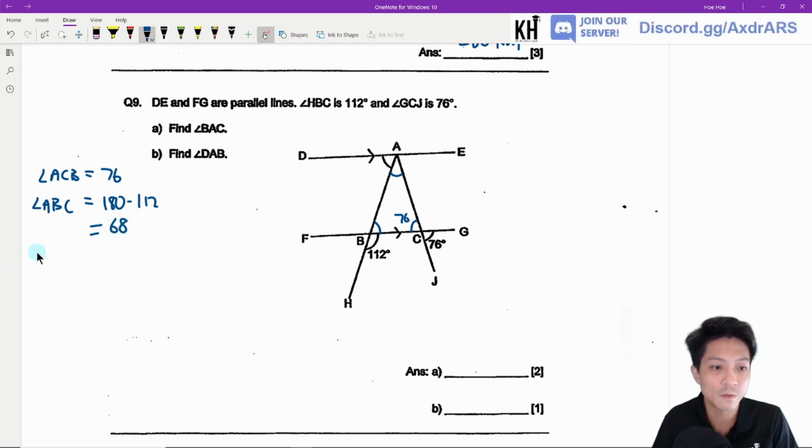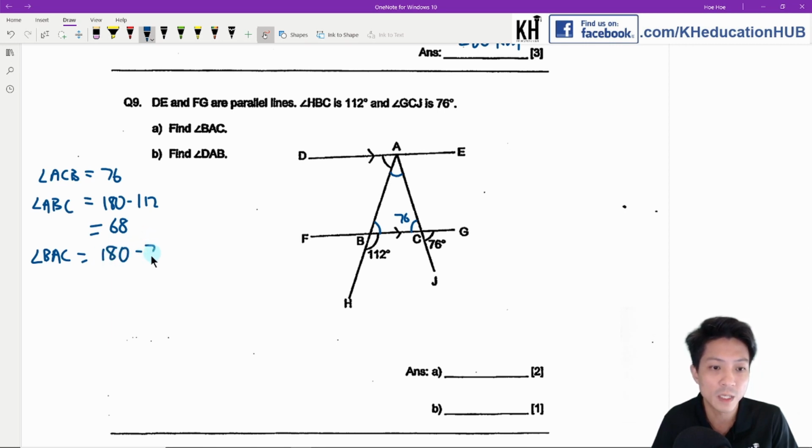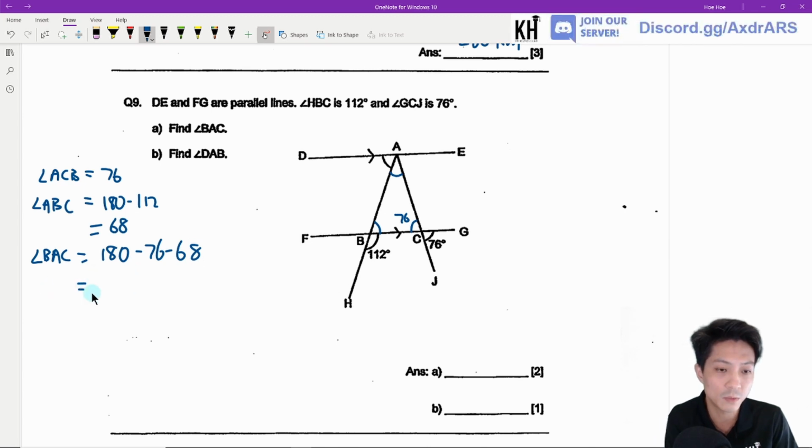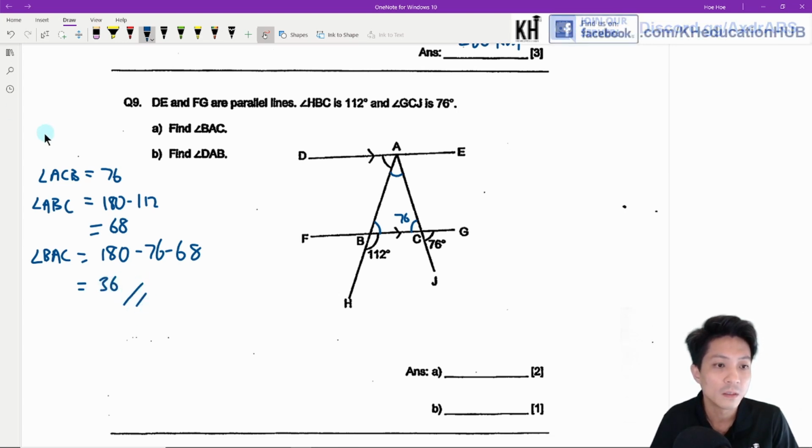So to find angle BAC, I just need to use 180 minus 76 minus 68. That will be 36. This is for part A.